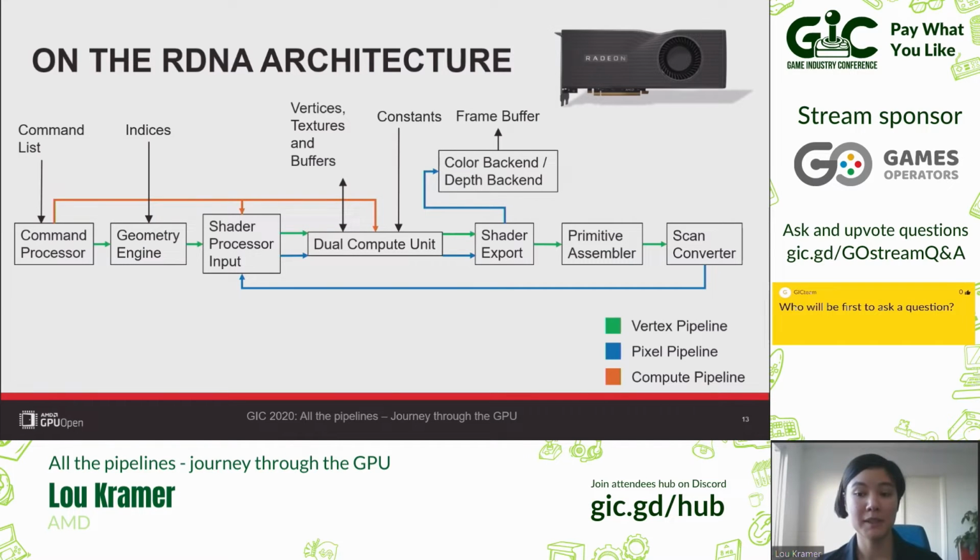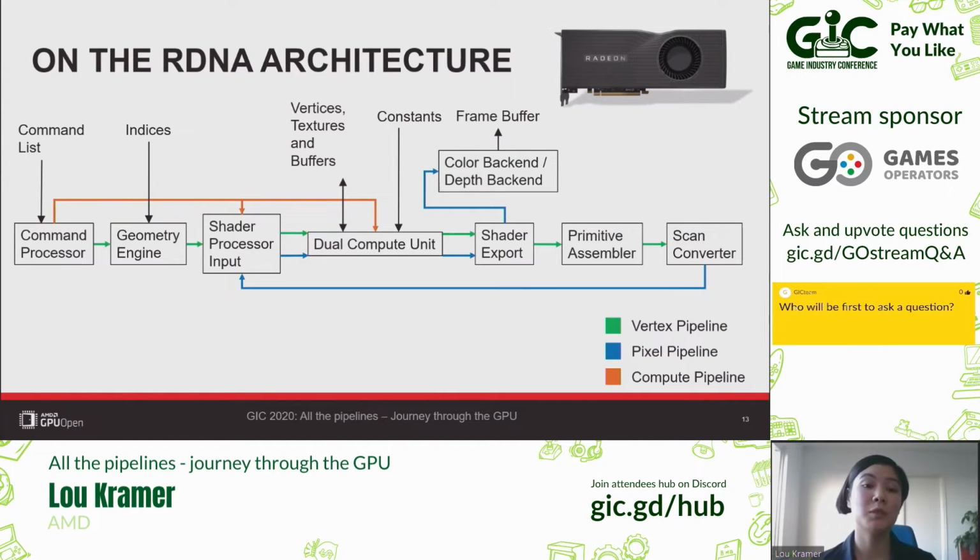The vertex and pixel pipelines together correspond to the graphics pipeline, and the compute pipeline is a separate thing, and it corresponds to the compute pipeline on the logical side as well. You see here already that even though we have 3 different pipelines, they access the same hardware units. So this also means they access the same resources on the GPU.